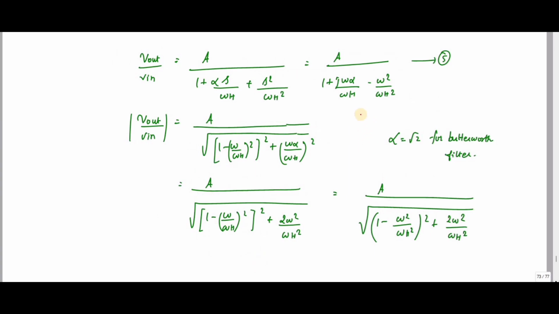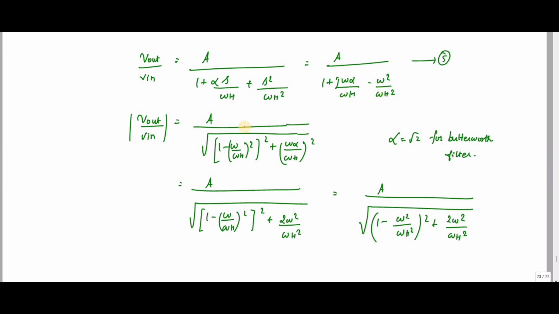Okay, so instead of s, I can substitute j omega. If I substitute, I will get this, and I can take the real term and imaginary term separately, and I am going to take a modulus.